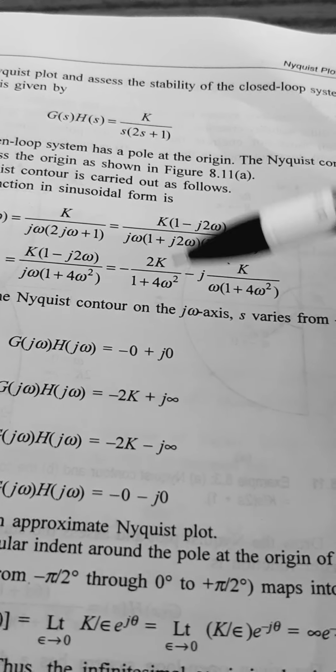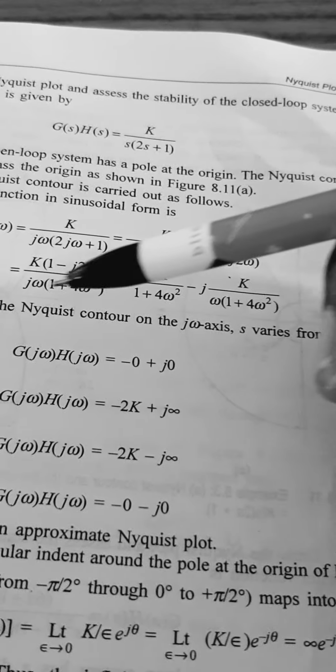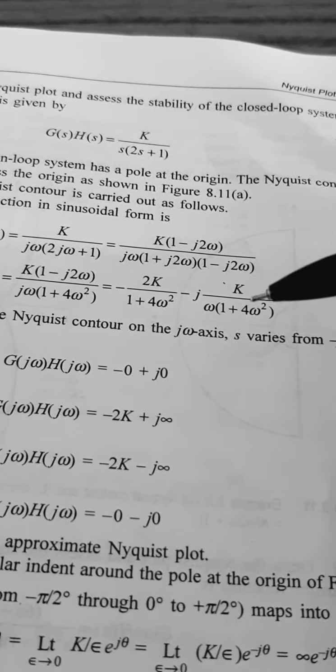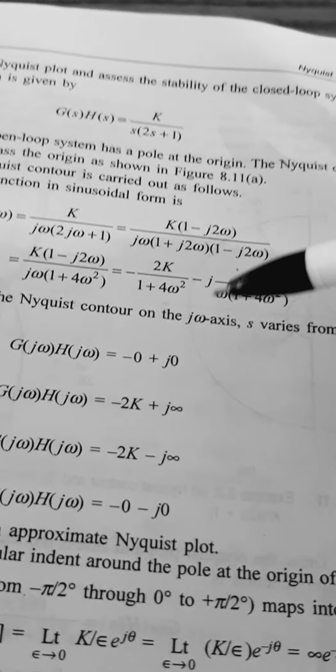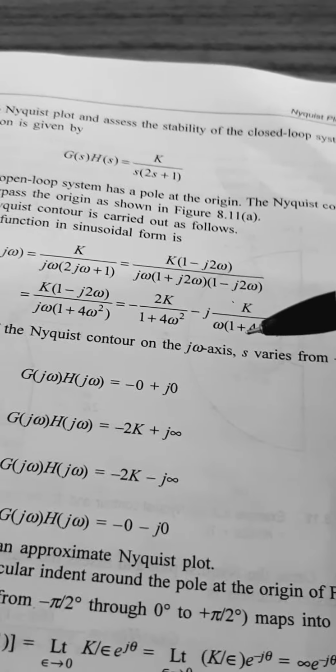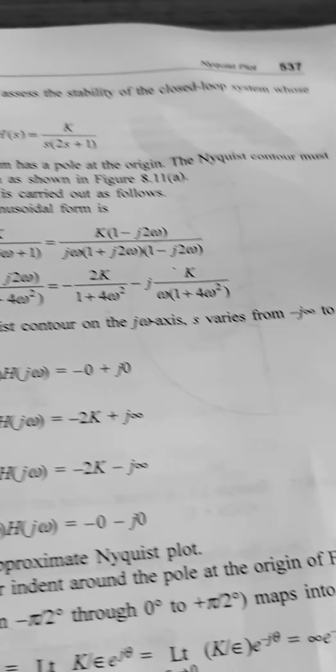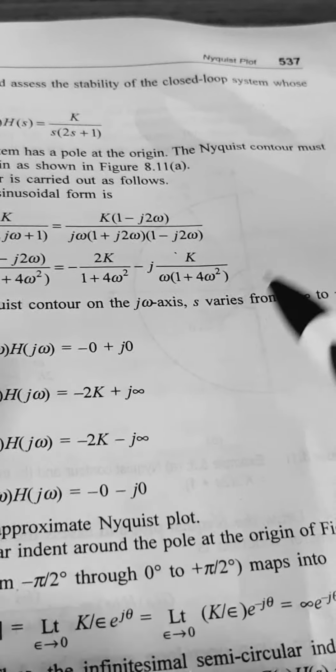This is the real term, minus. And the second term is k divided by j omega into 1 plus 4 omega square. That j, if you are taking above, will become minus j, k divided by omega into 1 plus 4 omega square. So you are getting it in the normal form, a real term and an imaginary term.